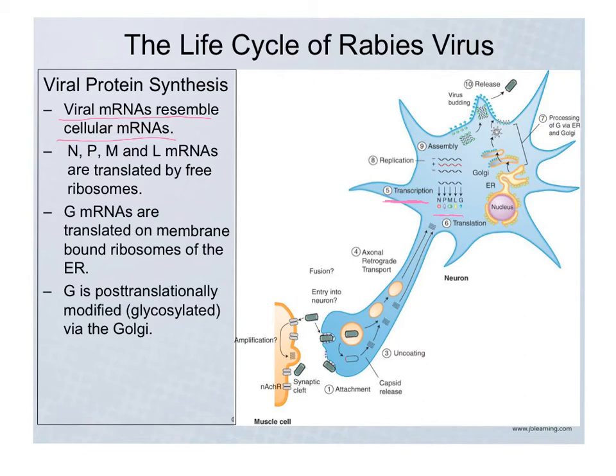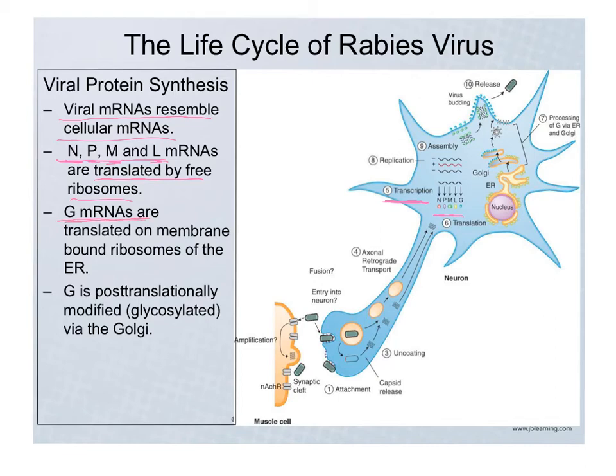They will be translated in different locations depending upon the protein. Most of them are going to be translated in the cytoplasm by the free ribosomal pool found in the cytoplasm. The N protein, the P protein, the M, and the L are all going to be translated in the cytoplasm.